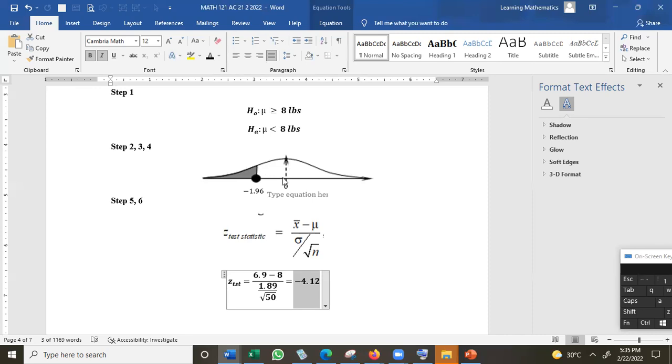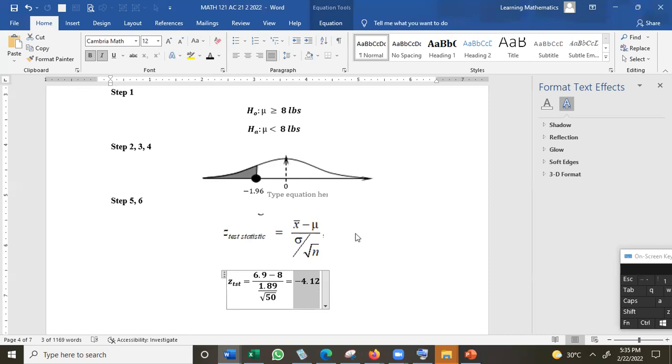In the blank area or the shaded area? In the shaded area, exactly. We have to put it in the shaded area because negative 4 is more negative than negative 1.96. So therefore we have to put the test statistic in the shaded area.